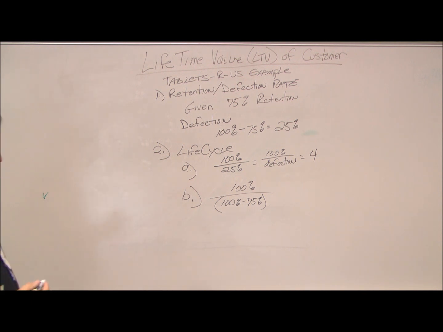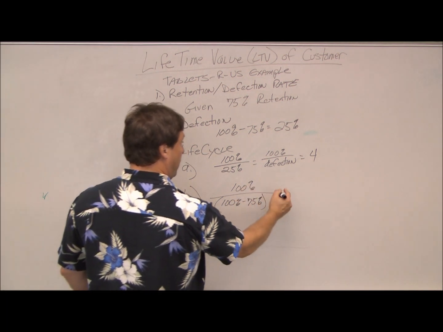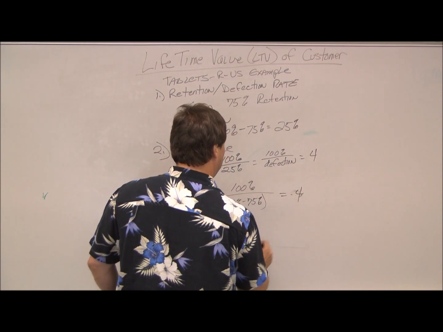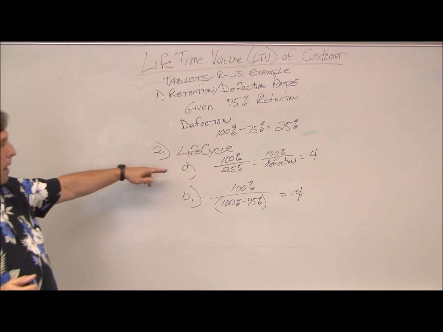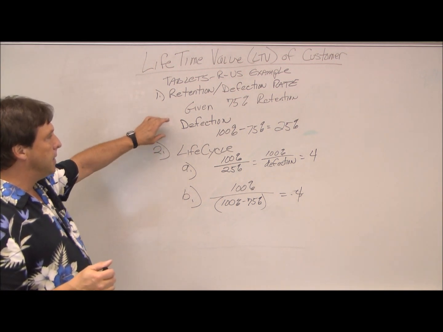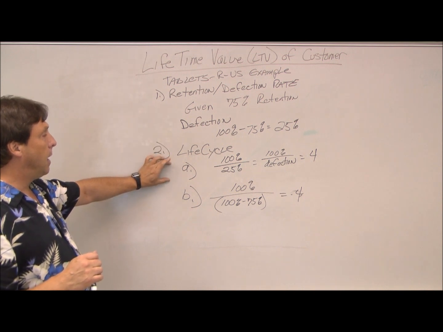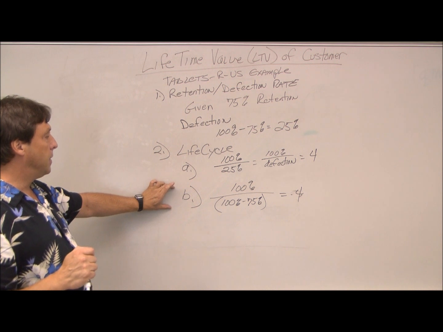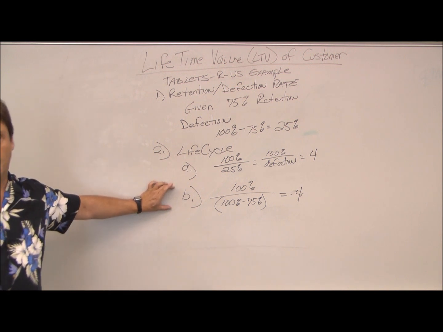So 100 minus 75 is 25 into 100, which still gives us 4. So you can do either one. Again, A is splitting it into separate steps, doing the defection rate, then calculating the life cycle. Once you get going, you can combine steps 1 and 2 into one step.